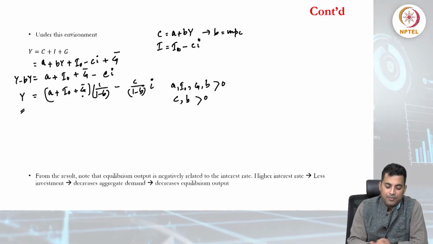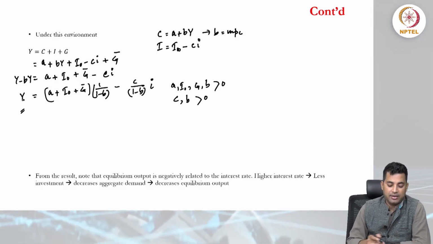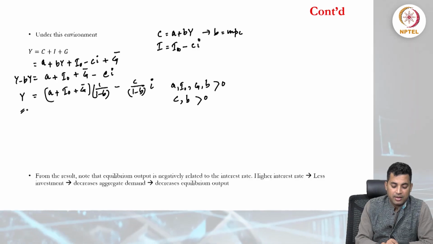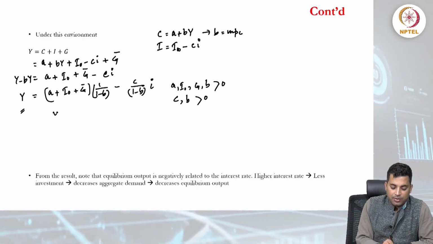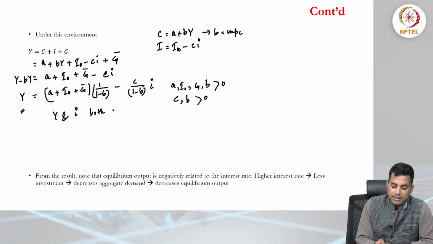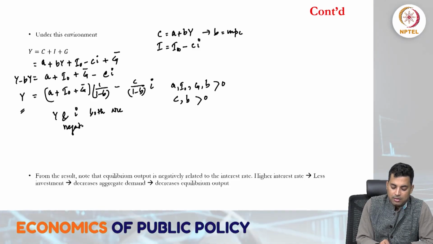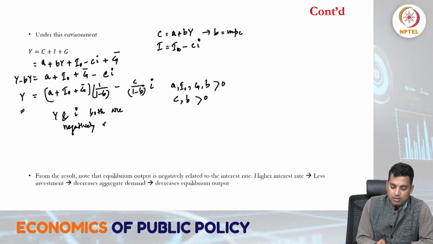That means y and i are negatively related. So in sum, we can say that y and i are negatively related.